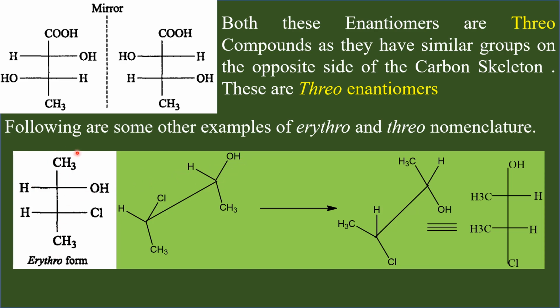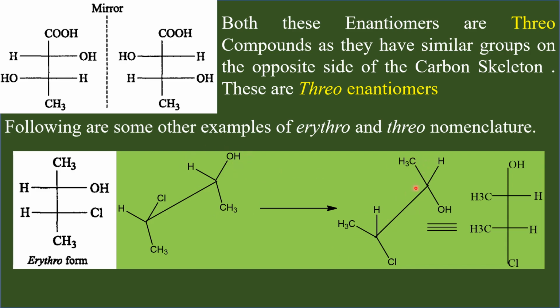The two groups in the vertical line should always be taken in the bottom lines of the Sawhorse formula. Now you can do a rotation so that this chlorine and OH are coming down. I am doing a rotation about this carbon-carbon single bond. I am bringing this chlorine down. When chlorine comes down, this methyl will go here and hydrogen will reach here. That is what I have done here. Similarly, you bring this OH down so that the methyl will go here, hydrogen will come here.